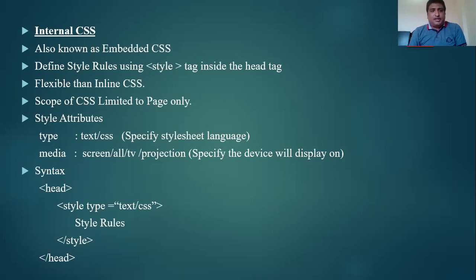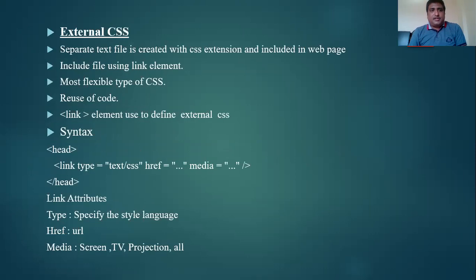Next one is external CSS. This is more flexible than inline and internal because we create a new file and include it in a page. So for external CSS, a separate file is created, and we include the file in the web page using the link element. Whatever web pages we create in a website, we can include it using the link tag.